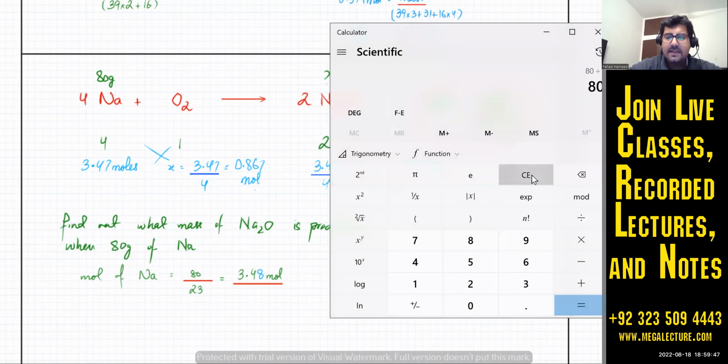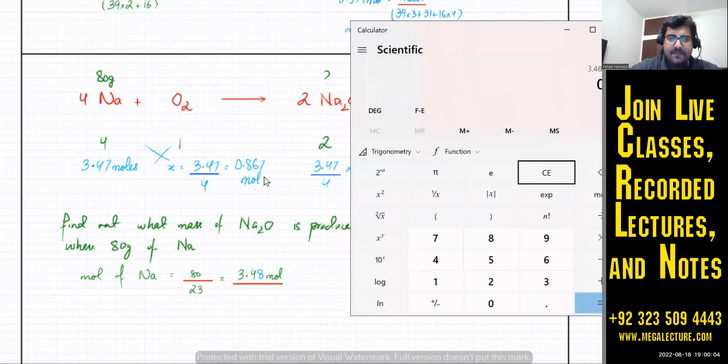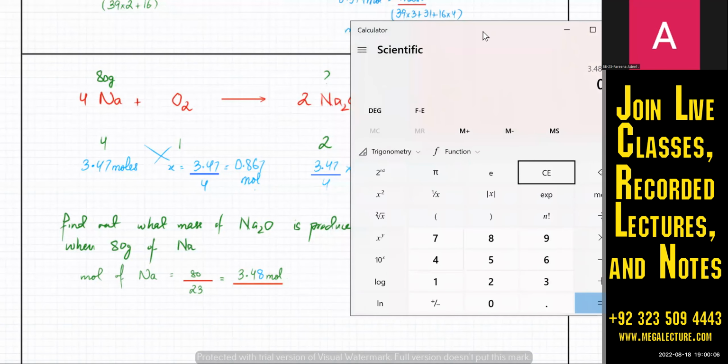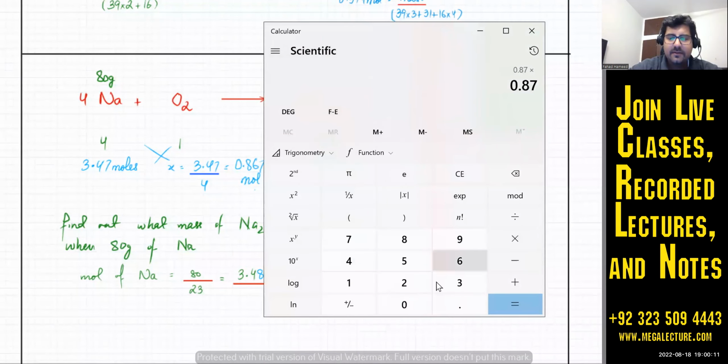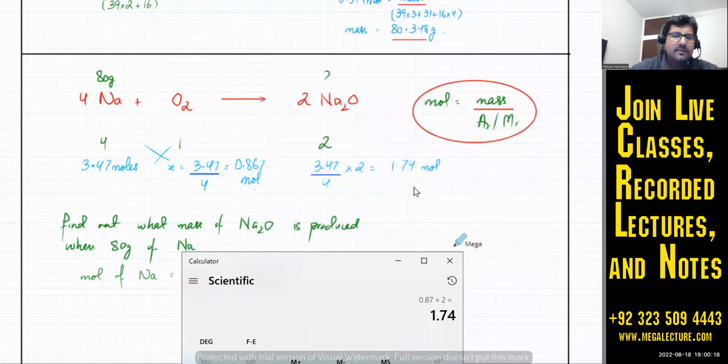Okay, so I'm going to take 3.48 now, and in the next calculation I'm going to divide that by 4. So what do I get? This time I'm getting exactly 0.87. So I'm going to write 0.87 over here. You have to multiply it by 2 as well. So 1.74. Okay, 1.74 it is.